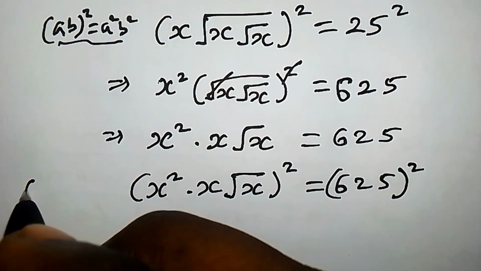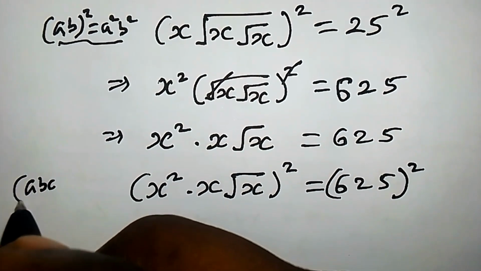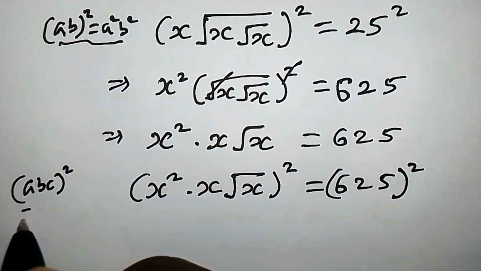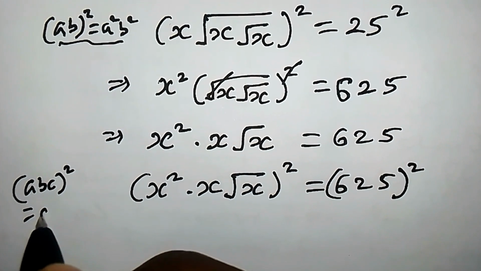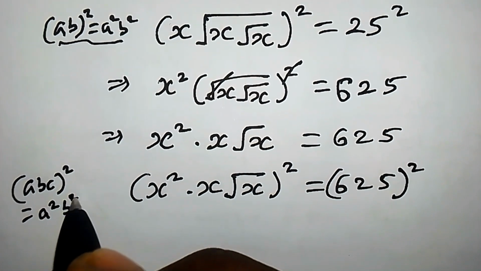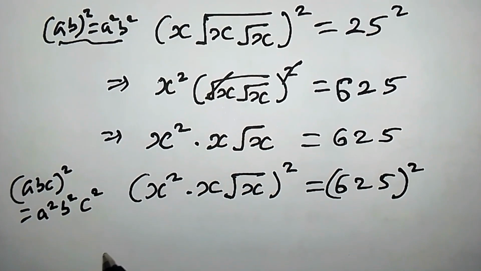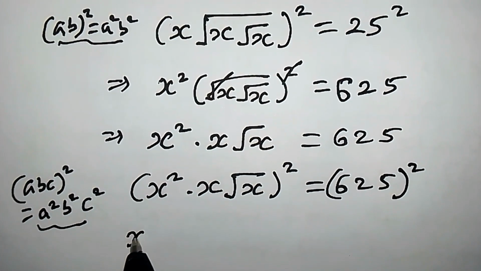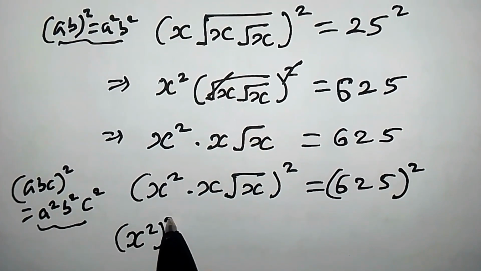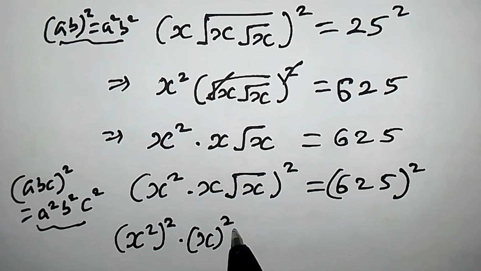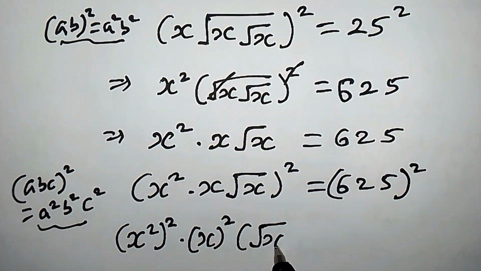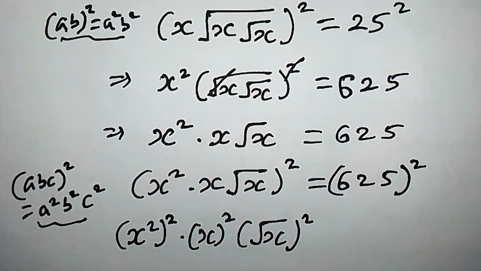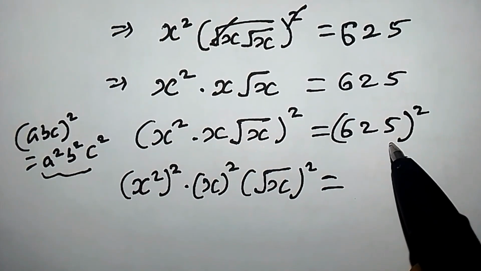Suppose we have (abc) all squared. When we expand this, we're going to have a squared times b squared times c squared. So using this condition, we're going to have x squared times 2 times x times 2 times square root of x times 2, which gives 625 squared.